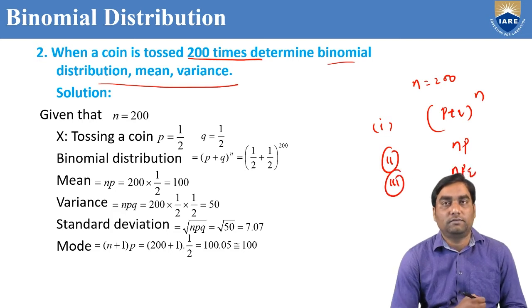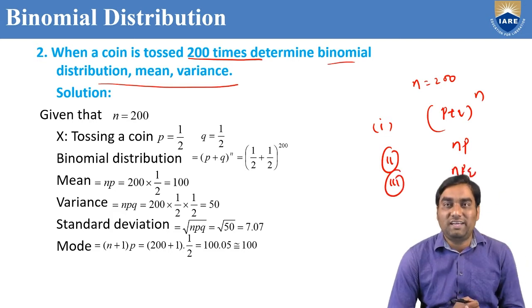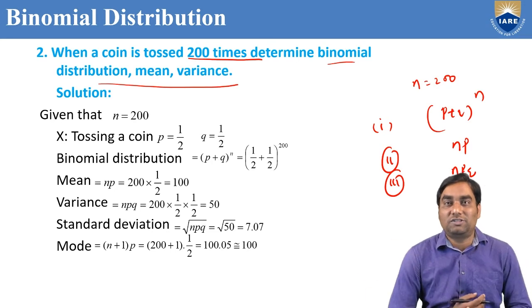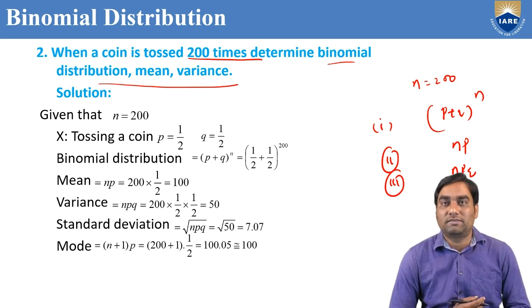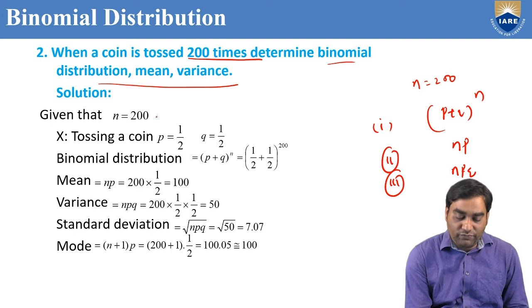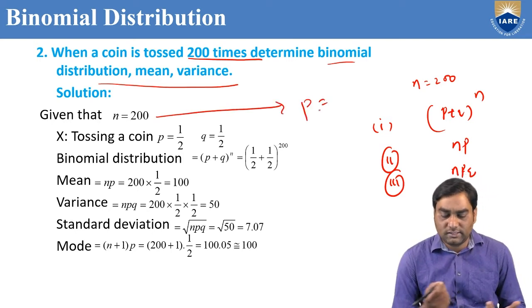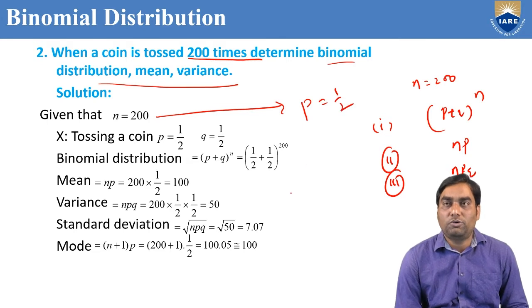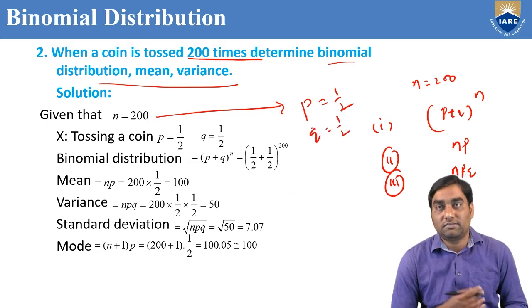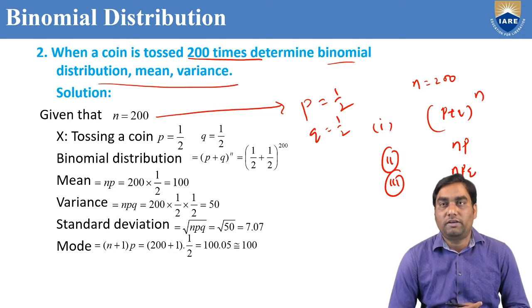But only one statement is given: when a coin is tossed 200 times. Can we find the p value? If a coin is tossed once, p equal to 1 by 2, q equal to 1 by 2. Probability of success 1 by 2, probability of failure 1 by 2. All values we got.